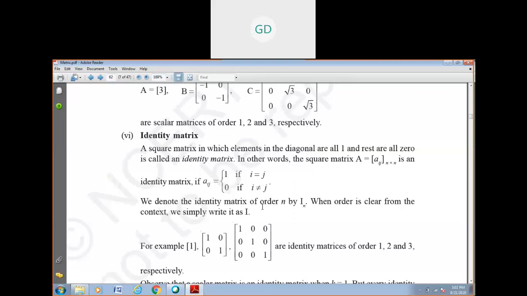And in the definition, you can say simply that a scalar matrix is an identity matrix if the diagonal elements are unity, 1.